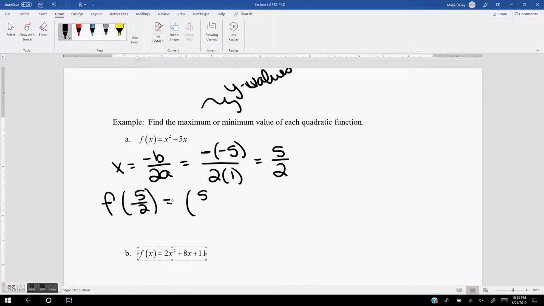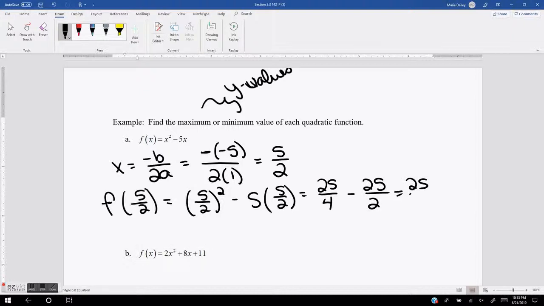So you're going to be looking at 5/2 squared minus 5 times 5/2. Well, 5/2 squared, square top, square bottom. Fraction multiplication is multiplying straight across. I need a common denominator to subtract those.